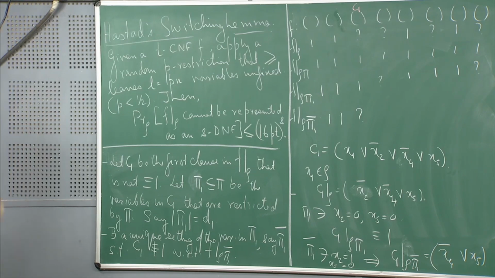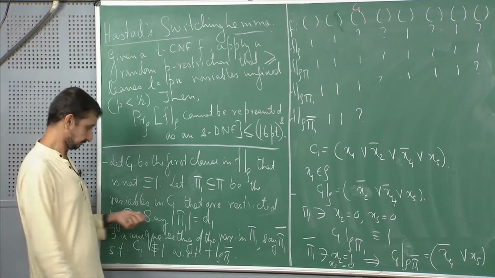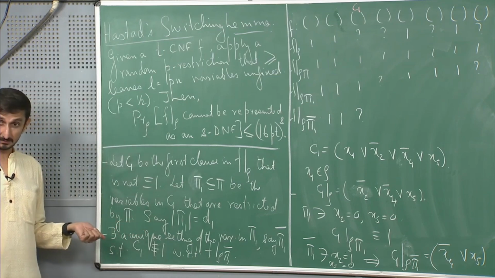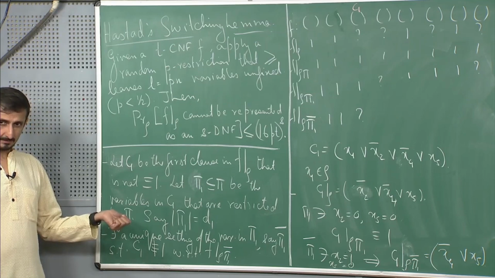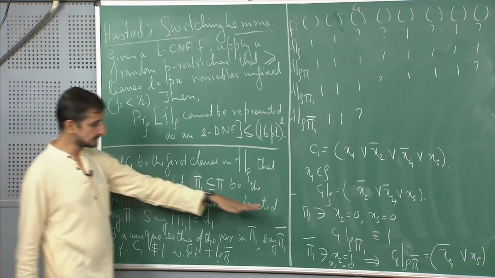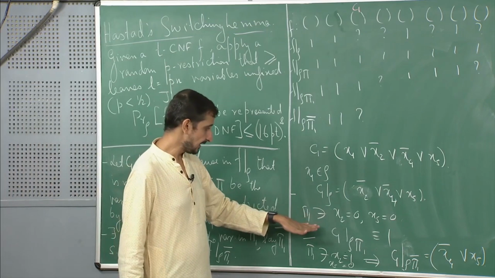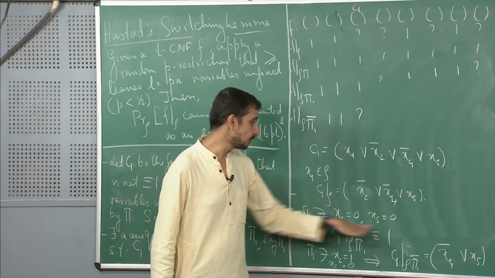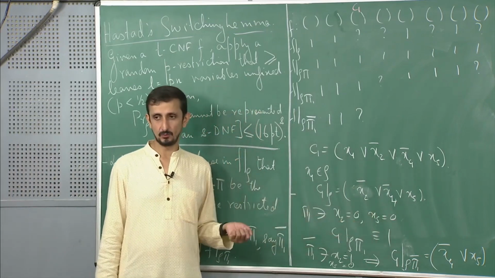But no, in this clause only x2 and x5 are restricted by pi, not x4.